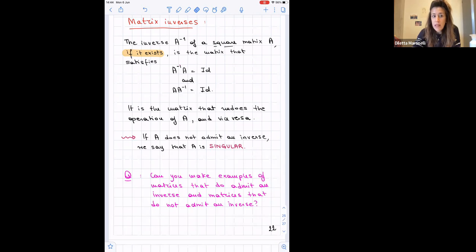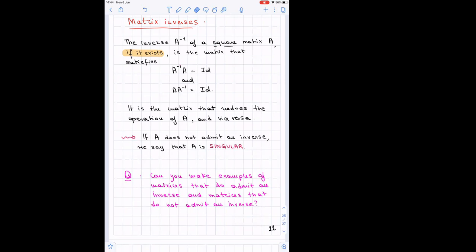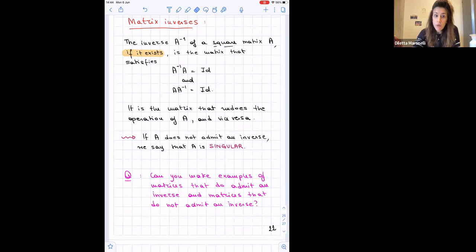So if you have a square matrix, you can say that there is an inverse for the matrix if you have a matrix that multiplies A on both sides, remember that the multiplication is not commutative, and gives you the identity. So you could think of this as a kind of inverse for the operation of multiplication.